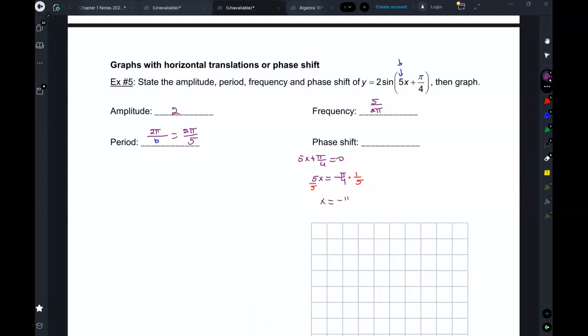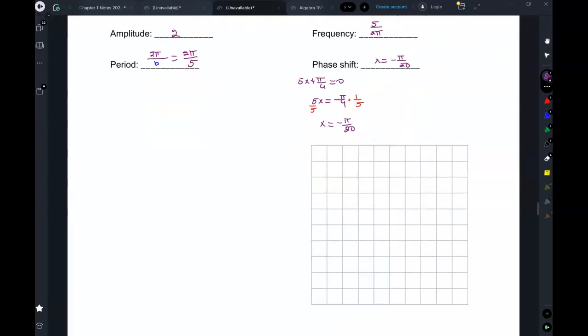So x is negative pi over 20. Did this function move to the left or right? Left, pi over 20 to the left. Good. So now we're not going to start at 0, because we've moved.